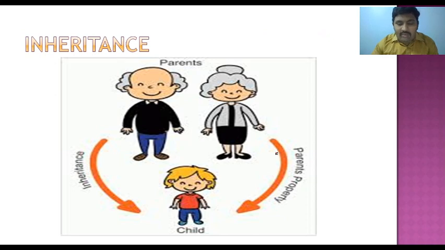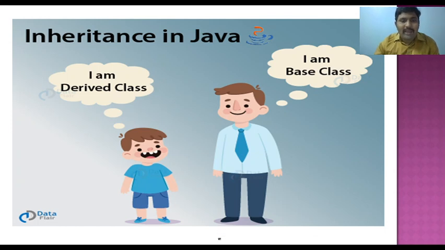So what is inheritance simply? For example, when someone sees a child, they say, hey, you are looking like your father, you are looking like your mother. Why? Because the child gets the properties of the parents. That is nothing but inheritance. If a child is getting the properties of the parents, that is called inheritance. In the same way here, we have the super class as the parent.